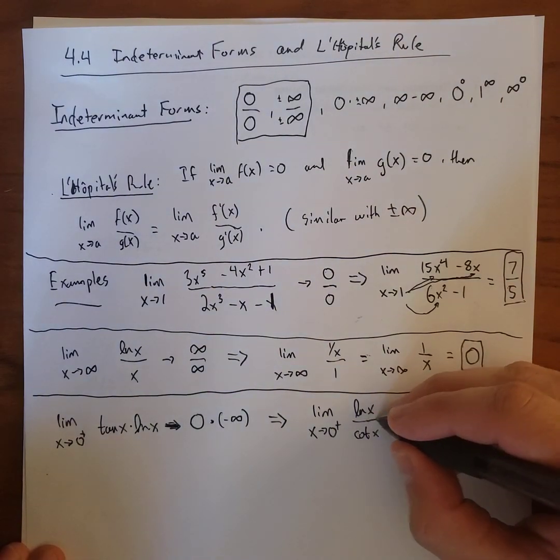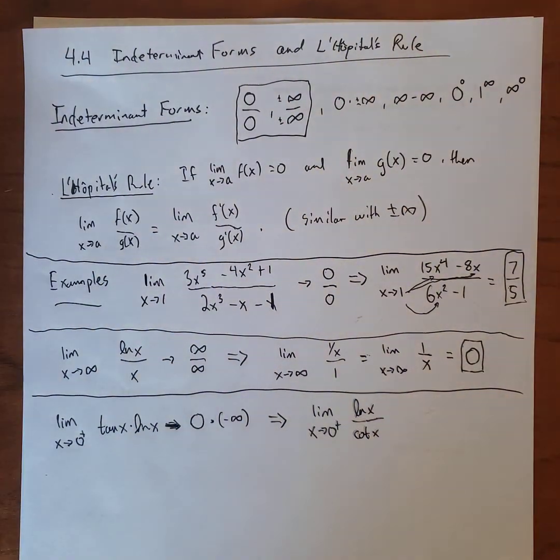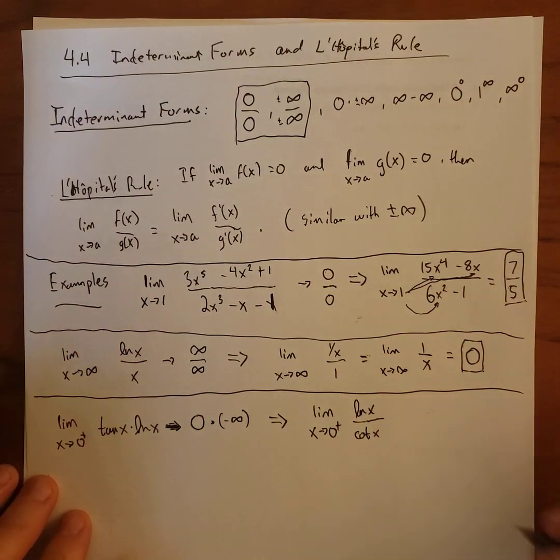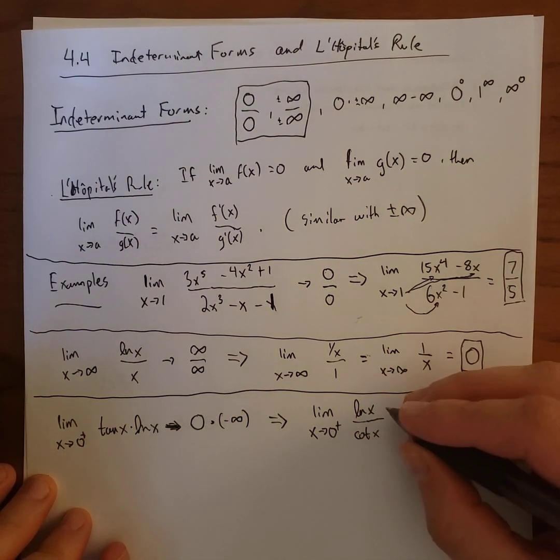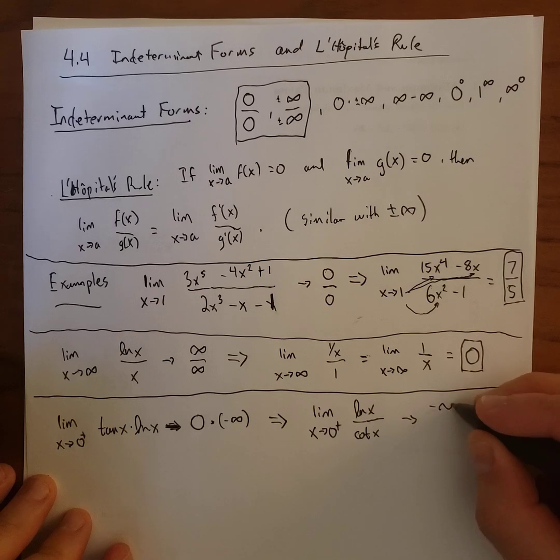So in other words, when we have one of these other forms, we want to turn it into a fraction somehow. Sometimes it's going to be a little bit weird how we force it into a fraction, but other times, like in this case, it's pretty natural. So as x goes to 0, again, this top is going to minus infinity.